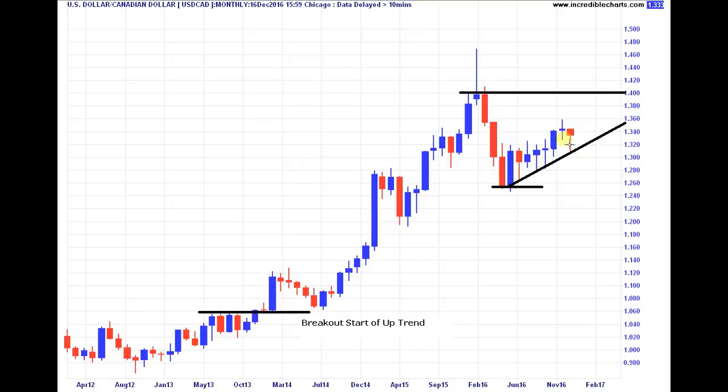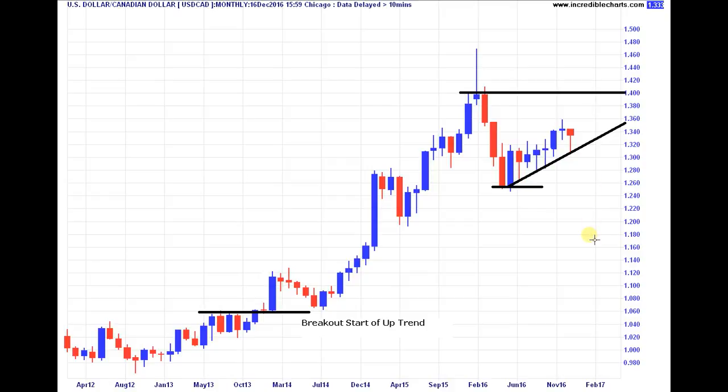If you're waiting to get in, 131 is going to be a great level to key off for longs if we correct back to this level. Viewing this as a long-term bullish trend, we've got upside targets just below the 136 level, about 135.80, then we expect it to go back to at least 140. It could go even higher, but if it gets to 140, we'd be very happy.